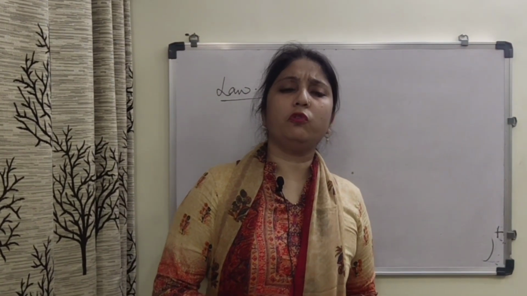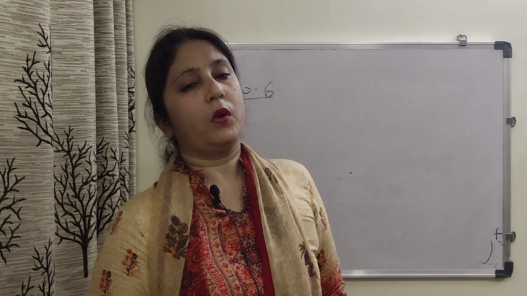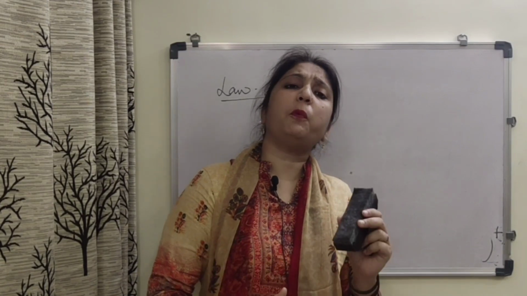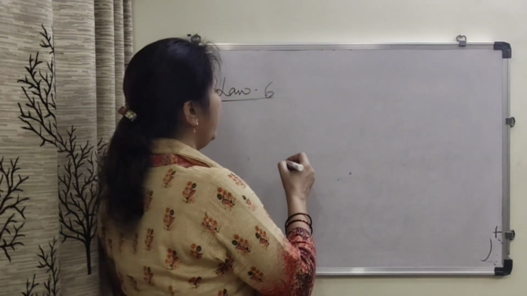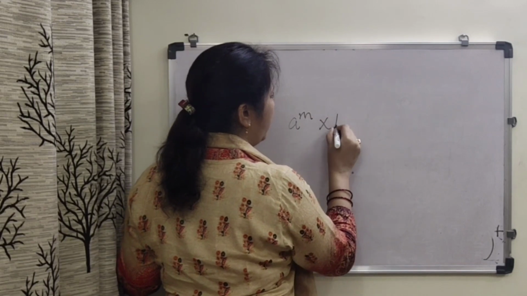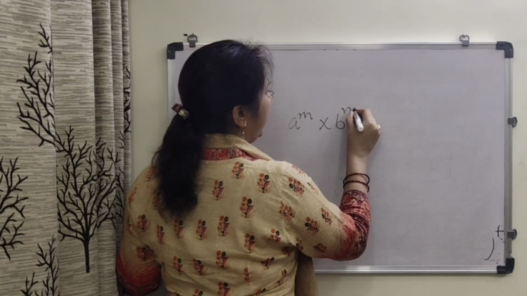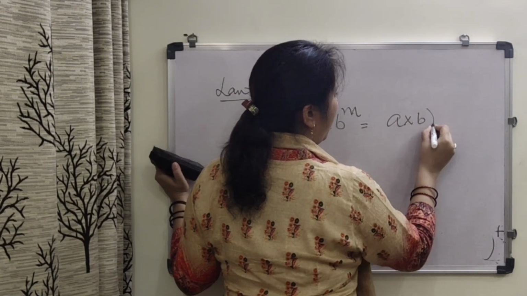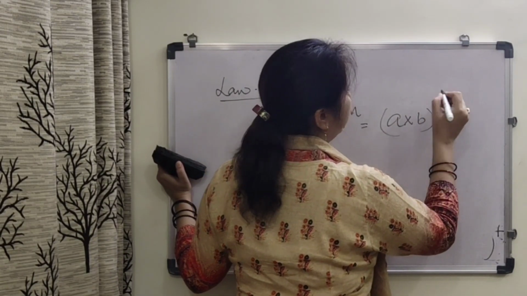Now, coming to sixth law of exponent, where bases are not same, but exponents are same. So, how can we express? Children, if you are having a to the power m into b to the power m, it is equals to a into b whole to the power m.